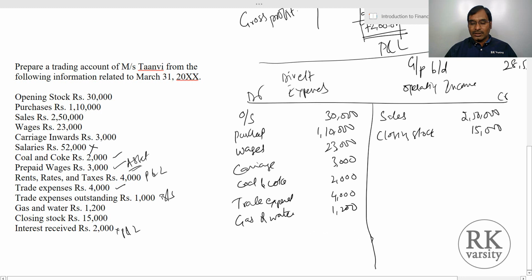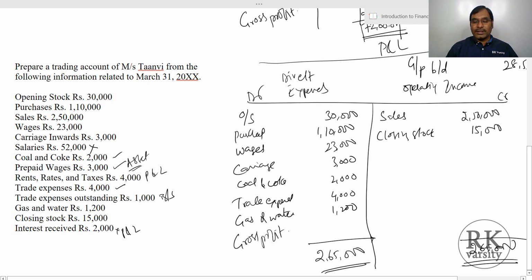Then once you are done with making all the entries, balance the account. So look at the highest value. So here we see the highest value 2,65,000. Close the account here and 2,65,000 here. Now calculate the gross profit.